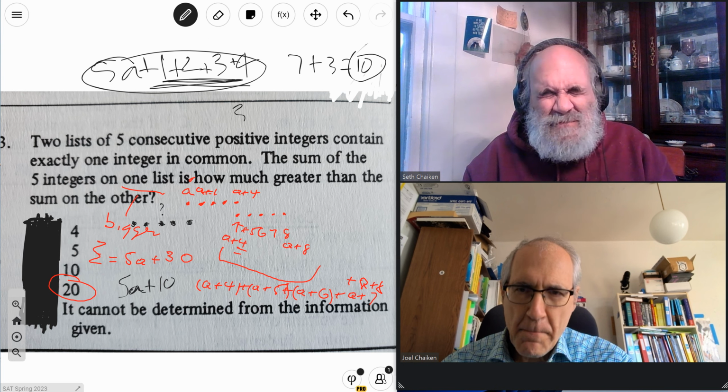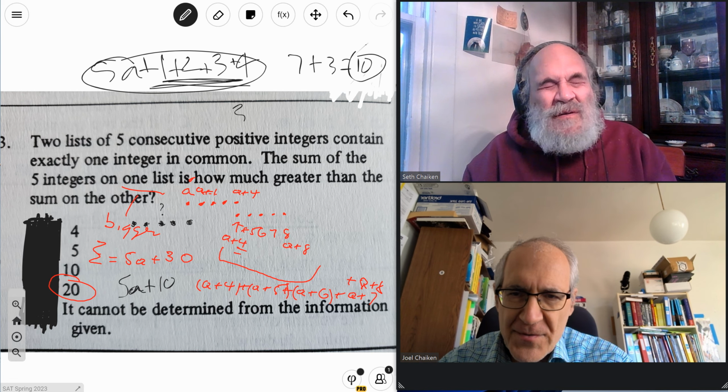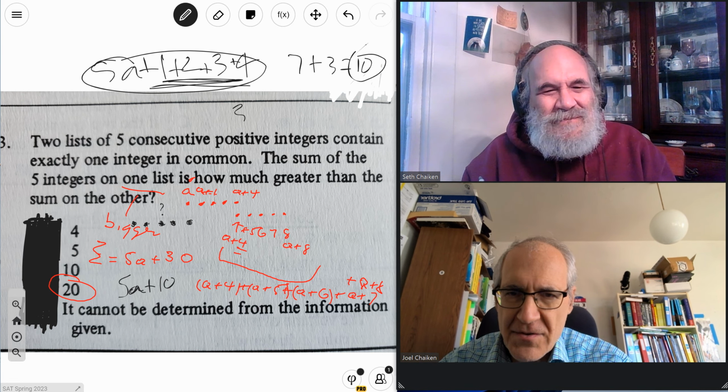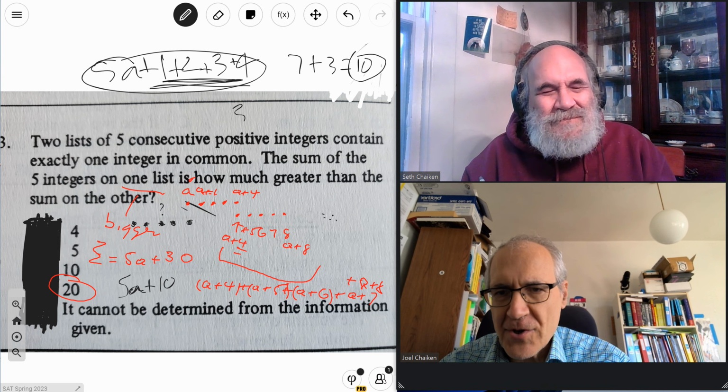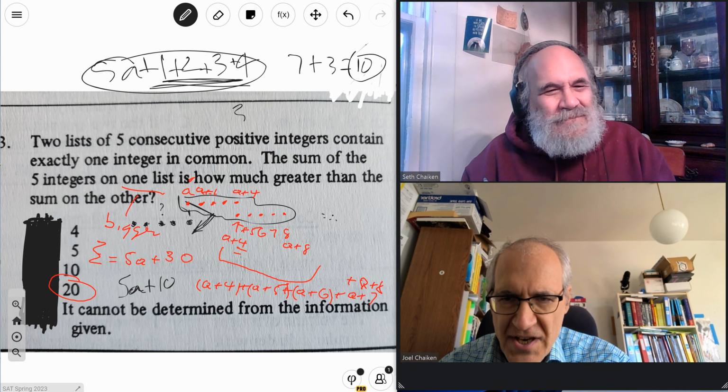Got it. Right. Well, also I see here that if you consider this situation, it really is the same as this situation. Because in this situation, you have a list of 5 smaller integers, and then they share the last number.